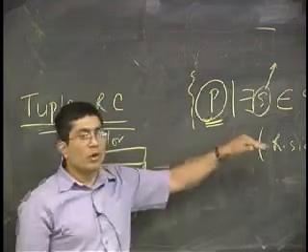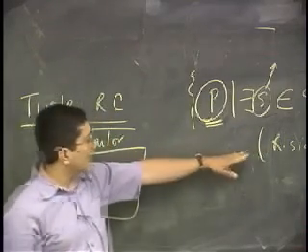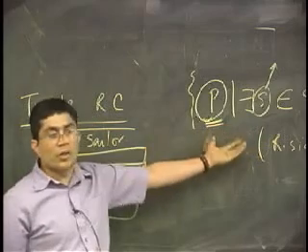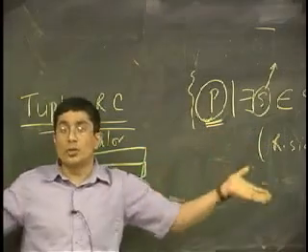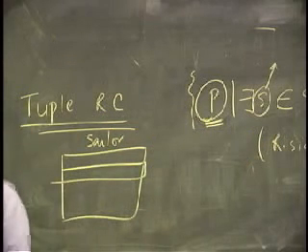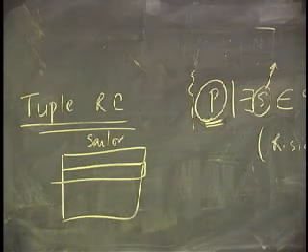But the main difference that I want you to understand is that it does not tell you how to do it. All it says is, this is what you want. In relational algebra, we told it to join these tables, do this selection, project this.